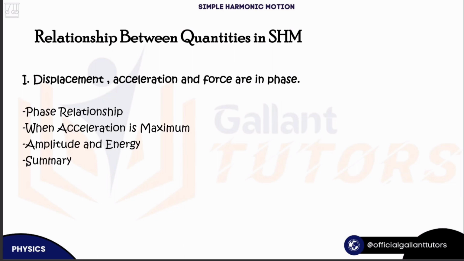Most specifically, force and acceleration are very similar. During the course of this, I'm going to be describing the phase relationship, the situation when acceleration is maximum, amplitude and energy, and also the summary, giving you the key takeaway points.